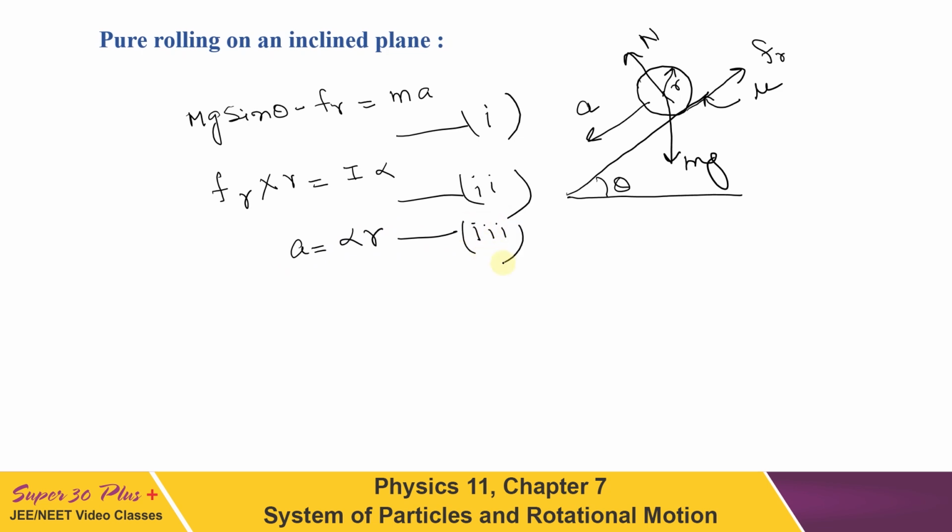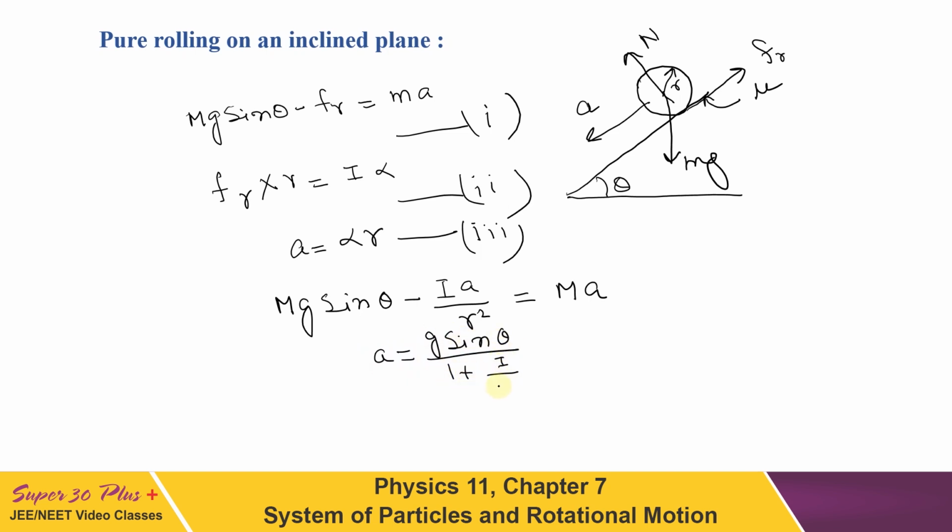Already I had said at the start itself that we are considering the case of rolling without slipping. Now if I solve these three equations, I will get mg sine theta minus I a upon r square to be equal to ma. And from here a can be written as g sine theta upon 1 plus I by mr square. So this is our result.